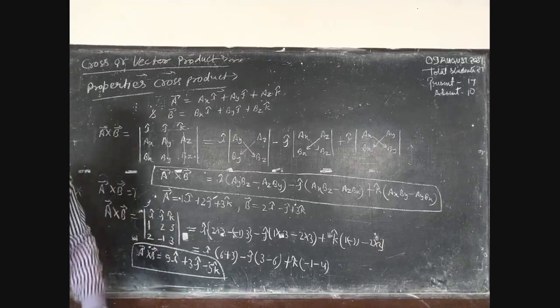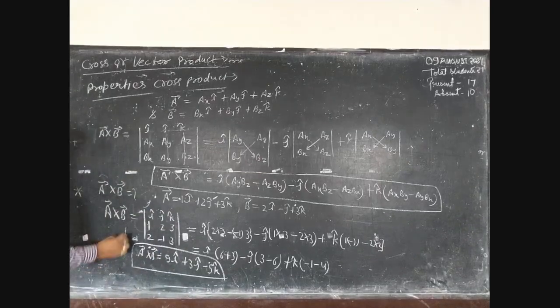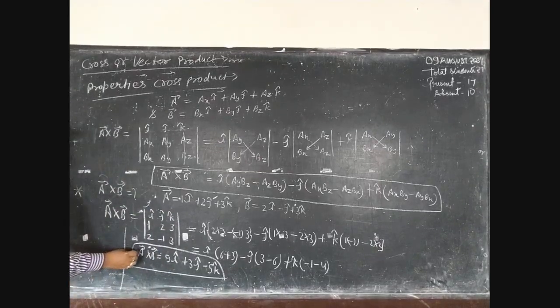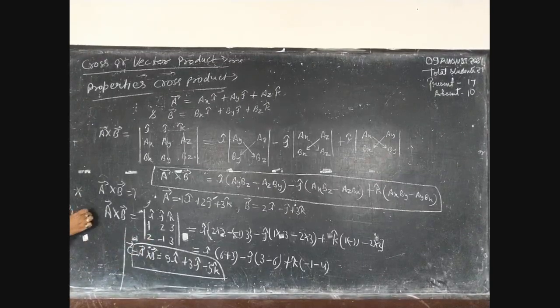How do we get the magnitude? So the answer is, as per definition, this is a vector C. Okay? So you can calculate the magnitude of this vector C. Let's find the magnitude also: 9 square, 3 square and minus 5 square.